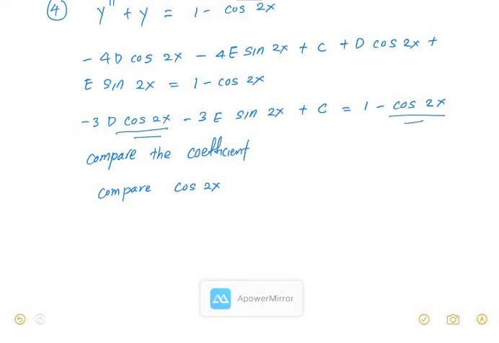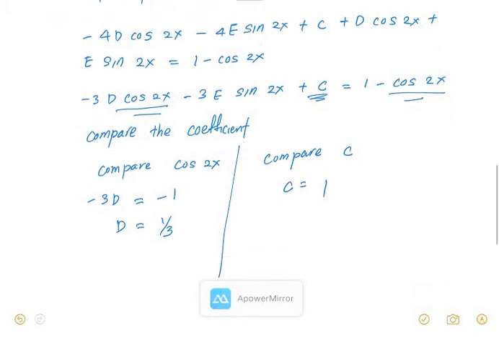So at the left hand side, I got negative 3d. At the right hand side, I have negative 1. So the d is 1 over 3. Then I compare with c. C at the left hand side, I have 1. C equal to 1. Yes.